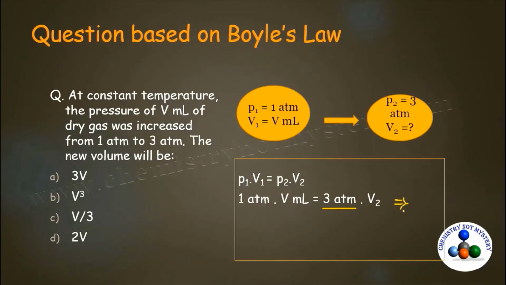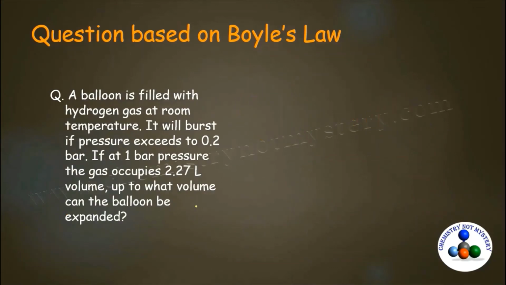We will get 1 atmosphere multiplied by V ml divided by 3 atmosphere is equal to V2. Atmosphere and atmosphere will get cancelled out and you will get V2 equal to V by 3 ml. So option C will be the right option for this question.